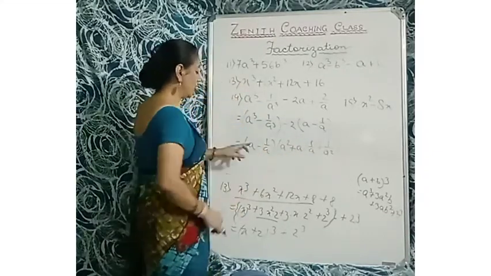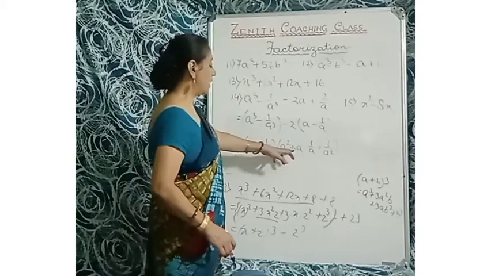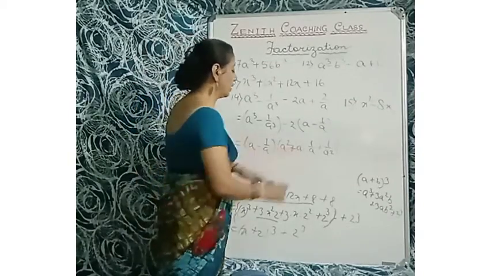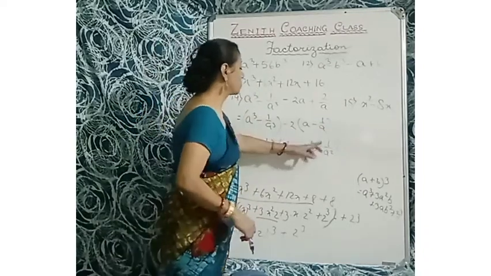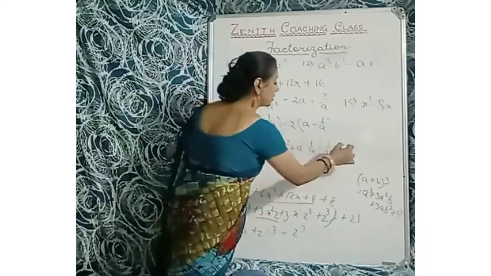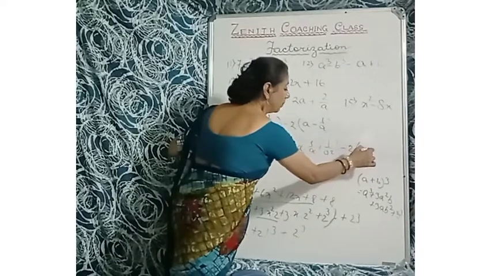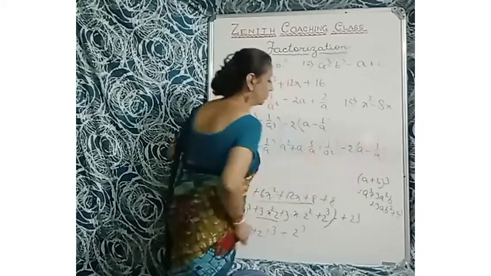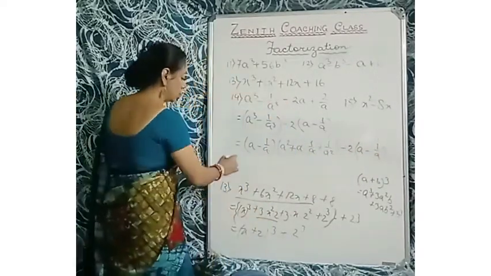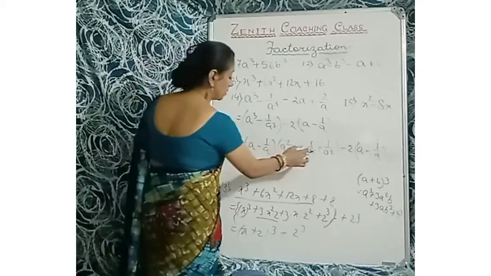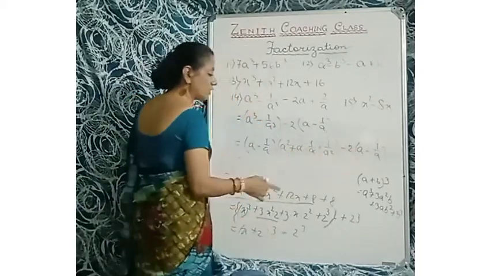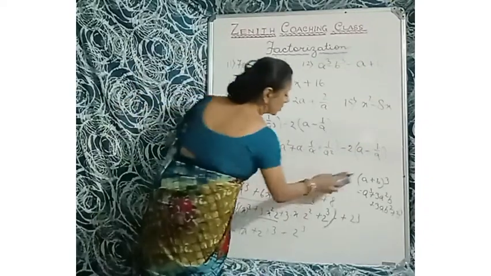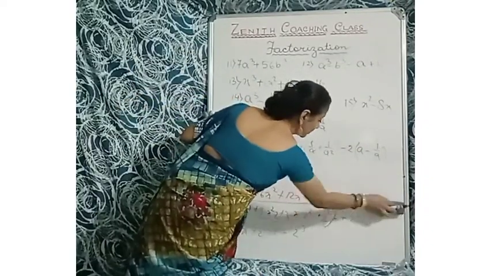Okay, so a minus 1 by a square plus a multiplied by 1 by a, that is a cancels, so plus 1 by a square minus 2, a minus 1 by a. Here is a minus 1 by a, here is a minus 1 by a. So a minus 1 by a is common. So we write common.